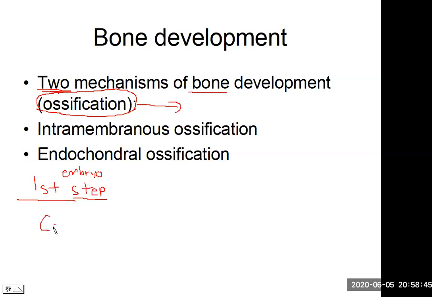So some type of connective tissue forms, but it's not actual bone, osseous connective tissue. So we'll say there's a formation of non-bone connective tissue.